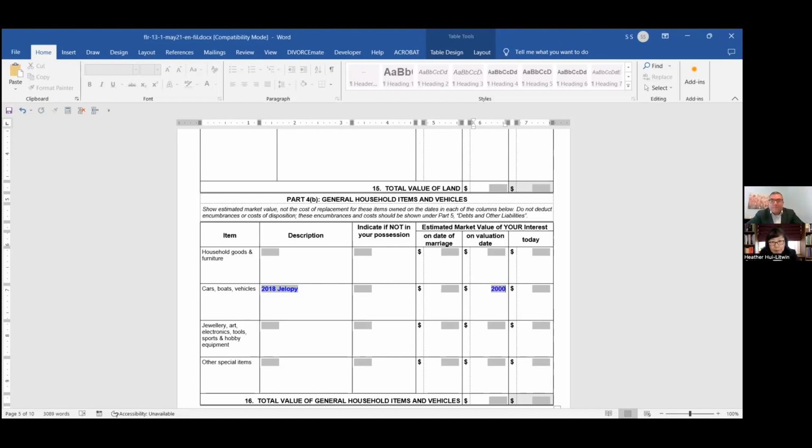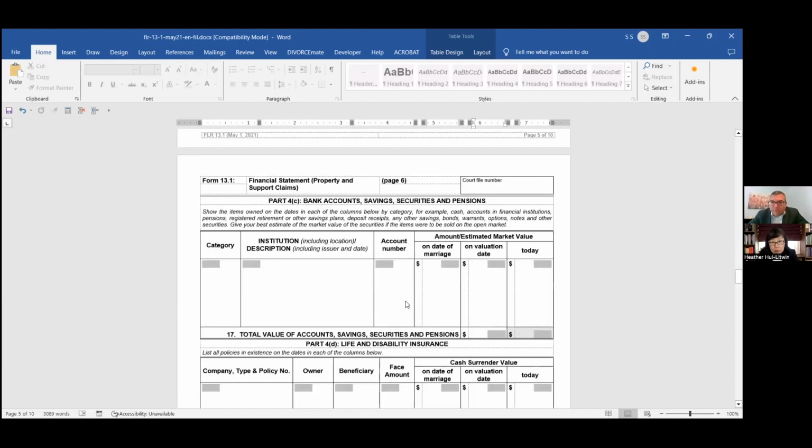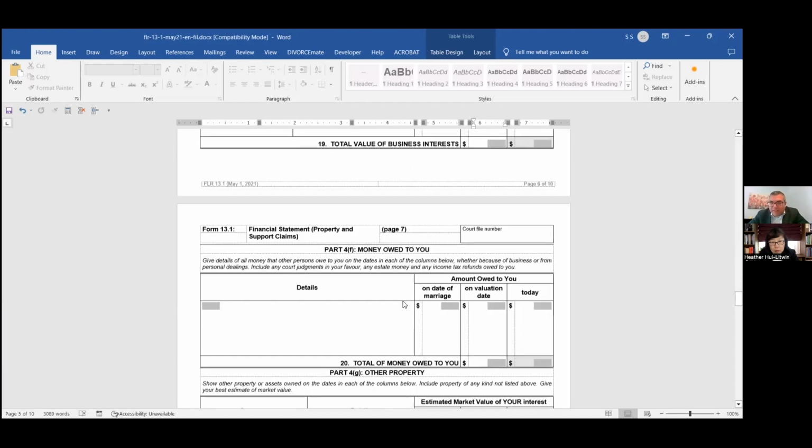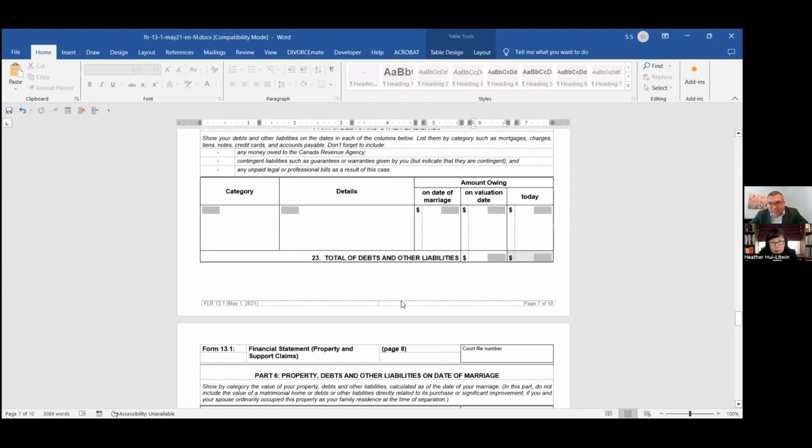And so there's your $5,000 gift in that $2,000 jalopy. And it's so important because then you're going to go down past everything else. And this is why I said it doesn't apply to everybody and that's why it's at the back.